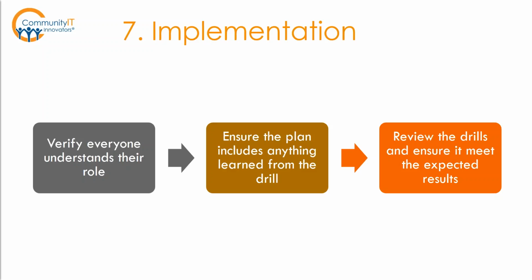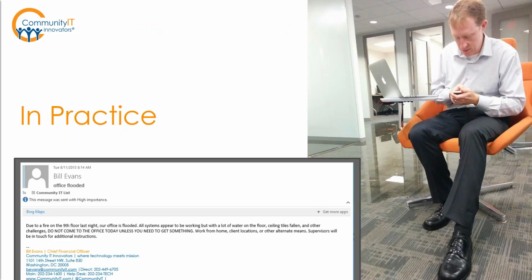So we'll have a little bit of time now to talk about in practice. So in August of last year, August 11th, as you can see from the email from our CFO, we came into the building, and as I opened up the front door to the office, I was greeted by several inches of water on the floor.